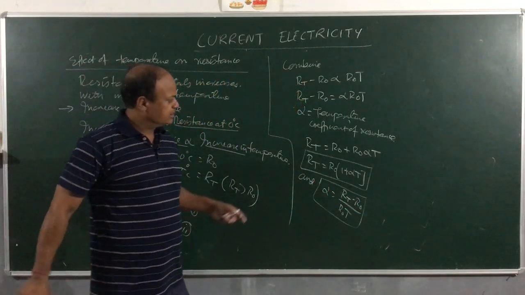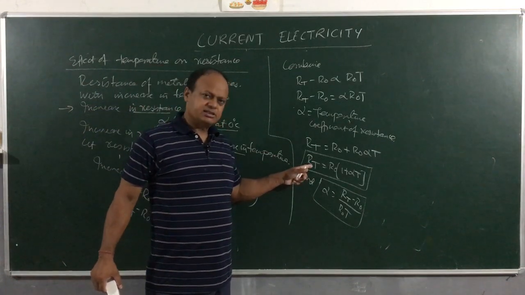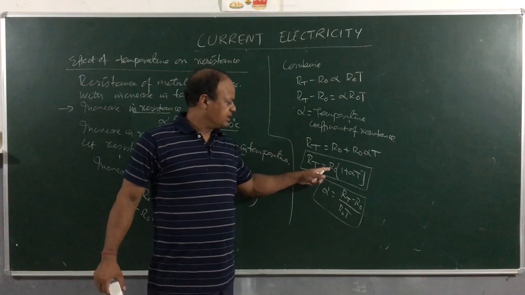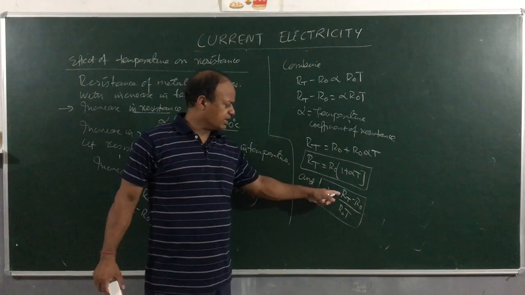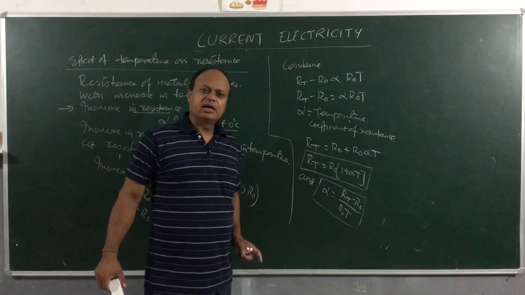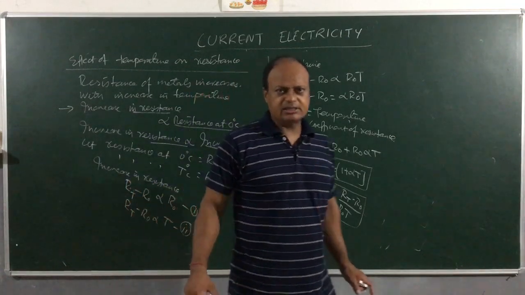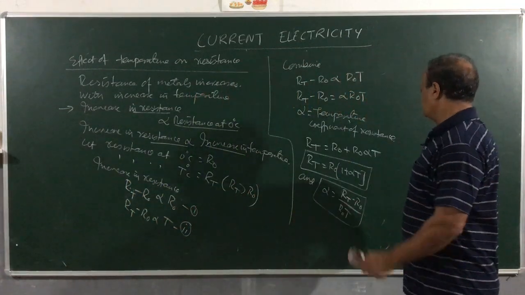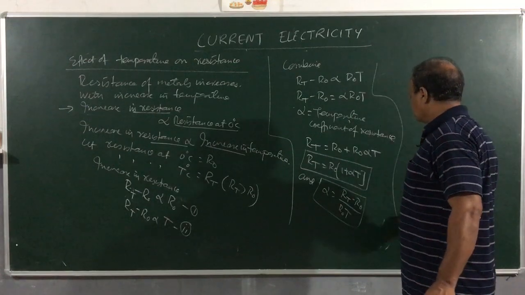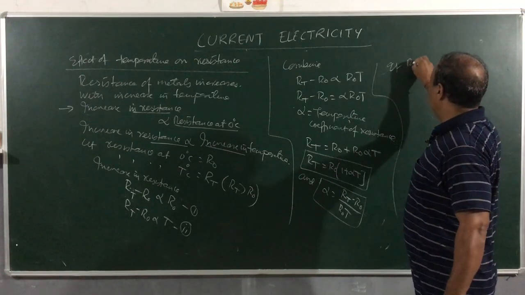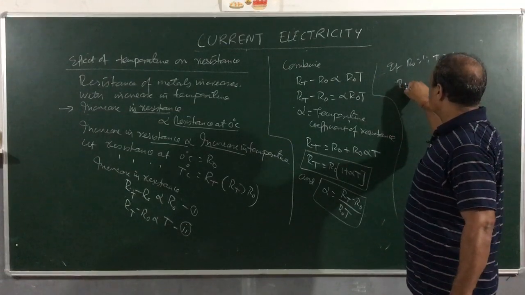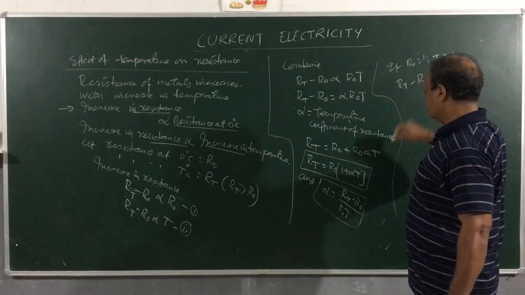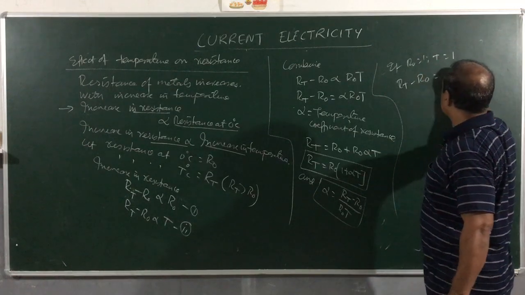One is for resistance at T degree Celsius, R0 into 1 plus alpha into T, and alpha is equal to RT minus R0 divided by R0 into T, right? Now, if I say R0 is equal to 1 and T is equal to 1, then RT minus R0 will be how much here? Alpha.